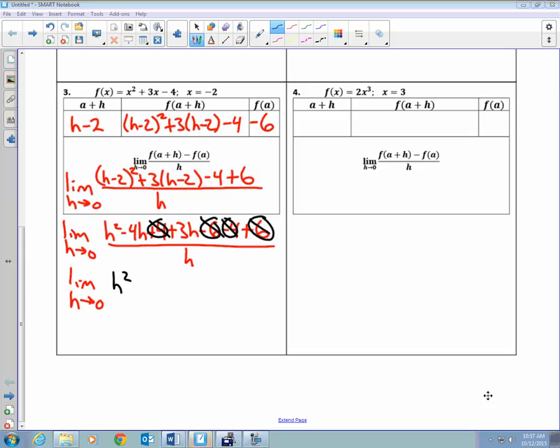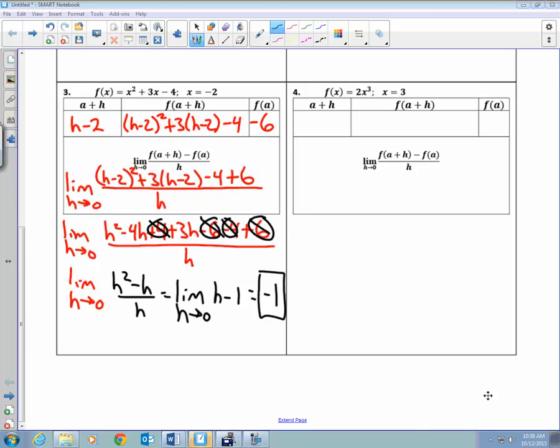So I have h squared minus h all over h, which equals the limit as h goes to 0 of. Can I divide the h out? Get h minus 1. You now plug in 0. Yes, and what do you get? Negative 1. Negative 4h and positive 3h made negative 1h.